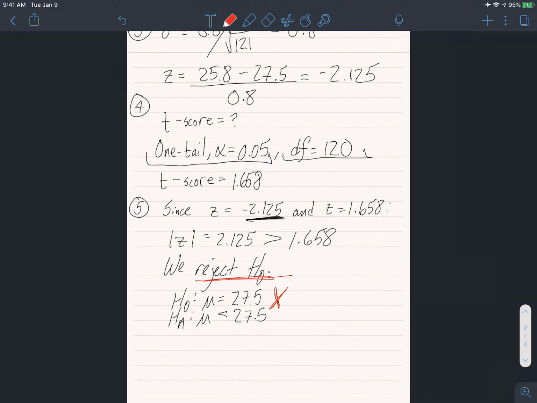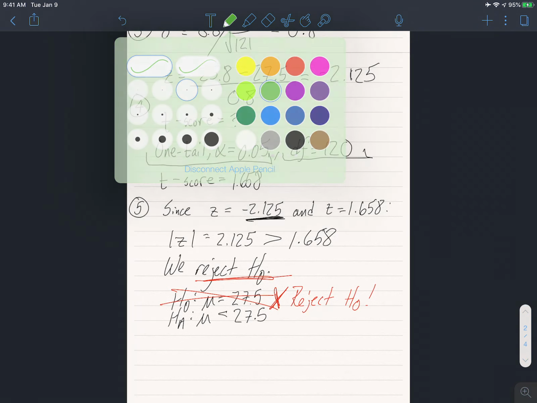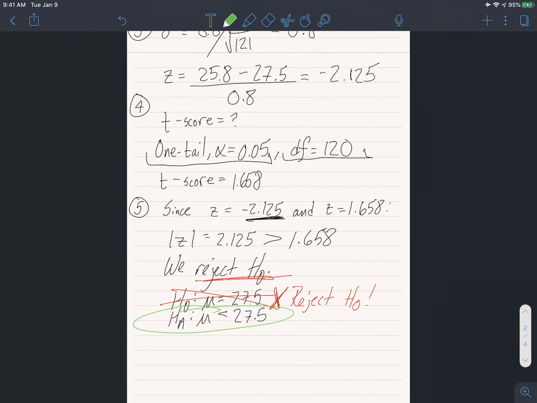I don't believe this. I am rejecting the null hypothesis. I do not believe that the true average commute time is 27.5. What do I believe? What does evidence suggest? Evidence suggests the alternate is true. I believe this.